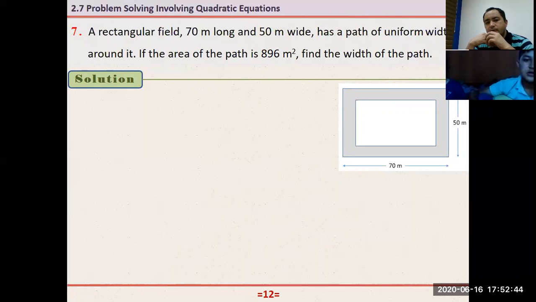If the area of the path is 896 meters squared, find the width of the path.